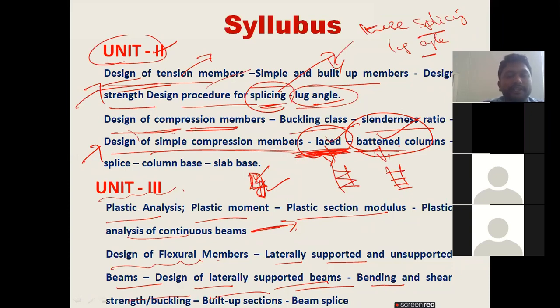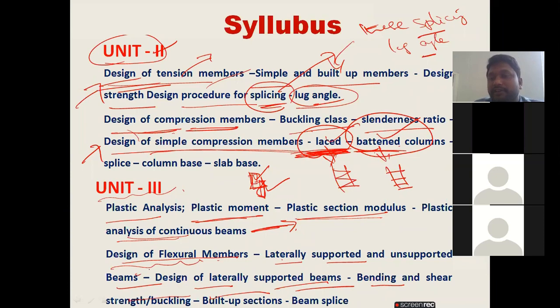So here in unit 3, this is plastic analysis, plastic moment, plastic section modulus, plastic analysis of continuous beams, again design of flexural members, laterally supported and unsupported beams. In beams, especially in RCC, what you learn are simply supported beams along with cantilever beams.